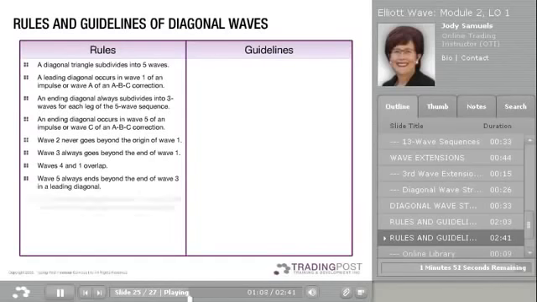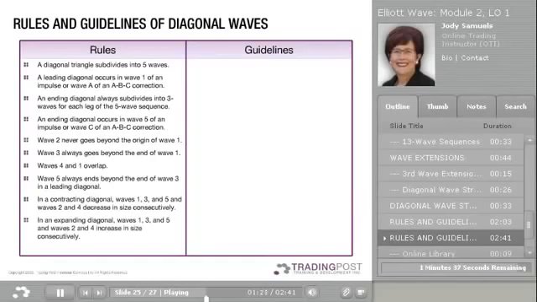In a contracting diagonal, waves 1, 3, and 5 and waves 2 and 4 decrease in size consecutively. And 10. In an expanding diagonal, waves 1, 3, and 5 and waves 2 and 4 increase in size consecutively.